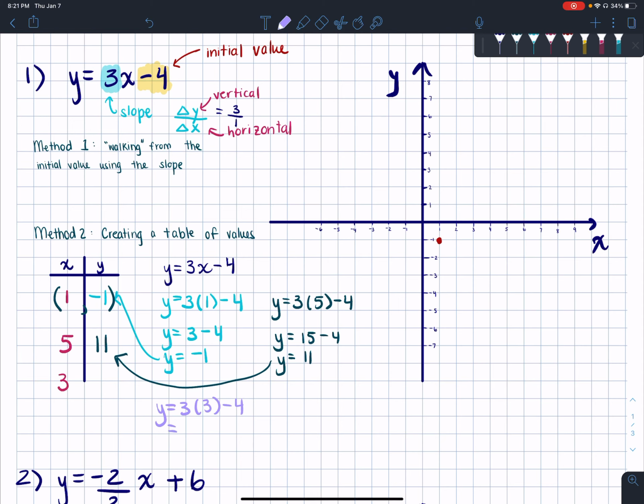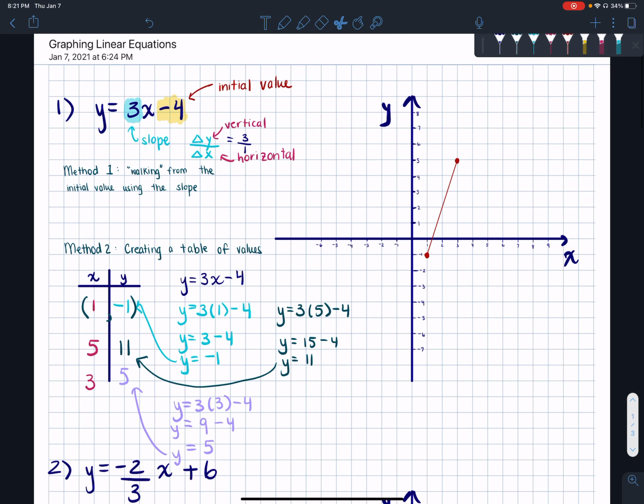We do 3 times 3, that's 9. 9 minus 4, that's 5. So we get y is 5 when x is 3. And this point is on our graph. Now these 2 points, you just connect the dots and extend your line in both directions.